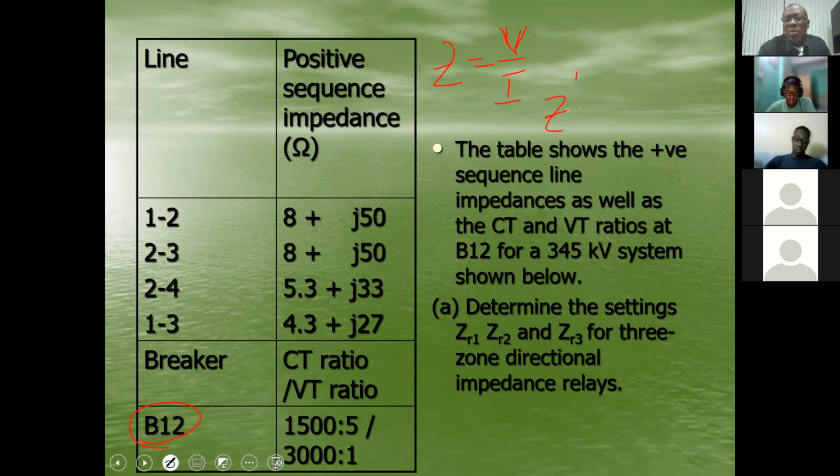The actual Z that will be seen would be V over the 3000 to 1 divided by I over the 1500 to 5.